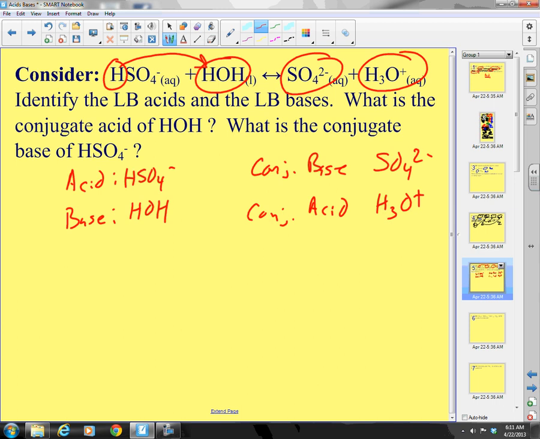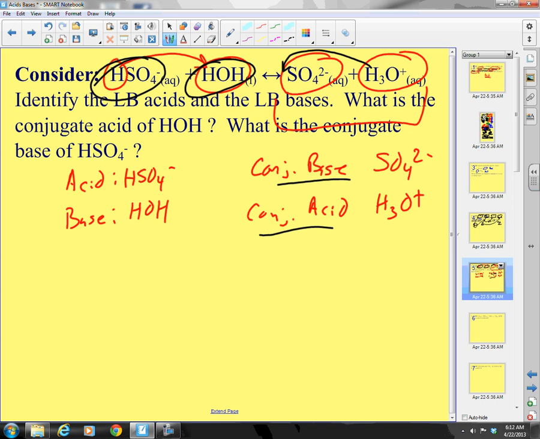Now notice these things can work in reverse too. Let's look at this side of the reaction. What happens to my hydrogen? Well, I take a hydrogen and it's donated here, and this is what I end up making. And so that would make my hydronium a Lowry Bronsted acid and my sulfate a Lowry Bronsted base, just like our conjugates suggest.